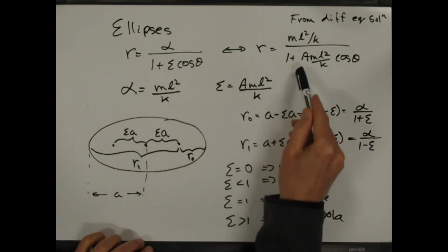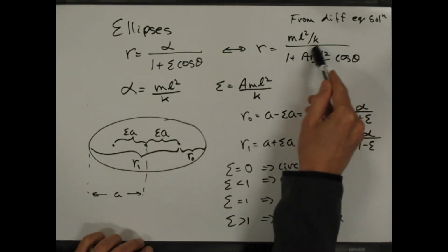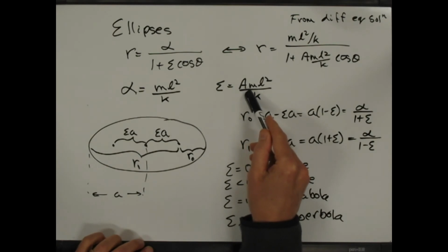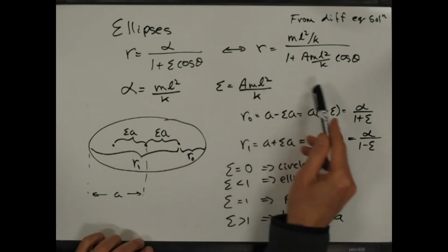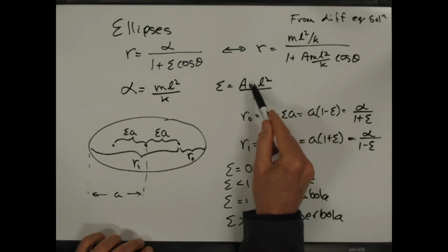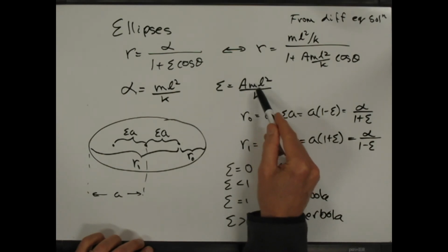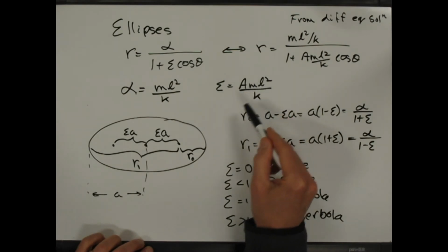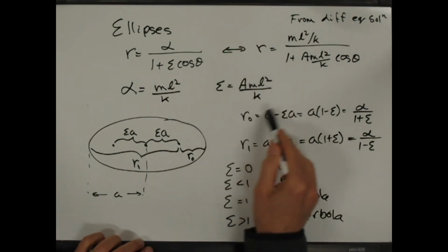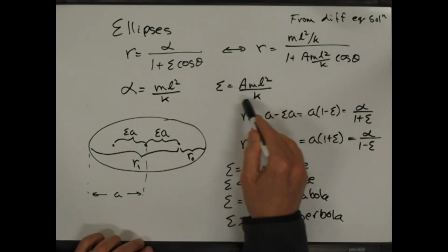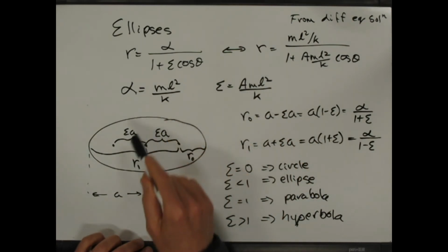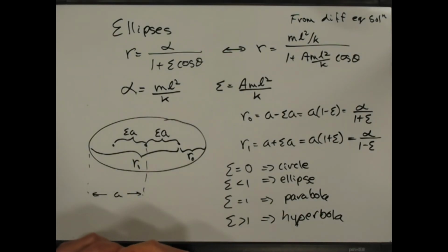The eccentricity is given by the coefficient of cosine theta, which for us was our constant, which we'll get from the initial conditions of the differential equation, times m l squared again over k. And so if you know the form of your force, you can determine the orbit.